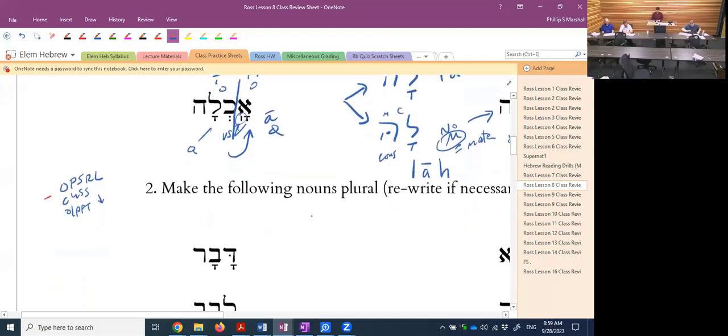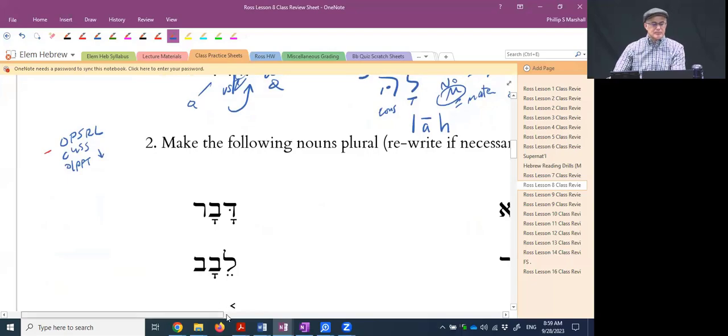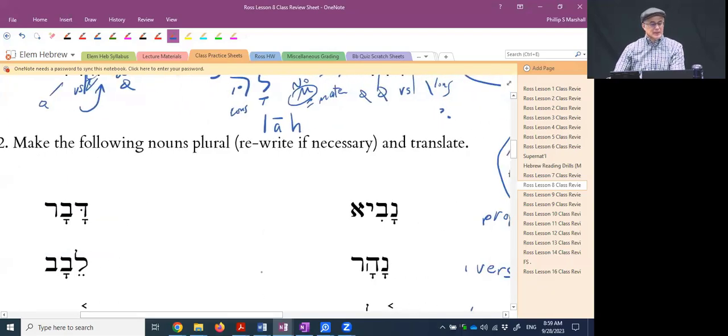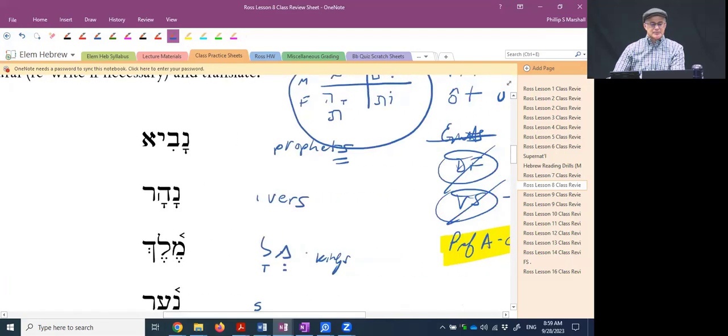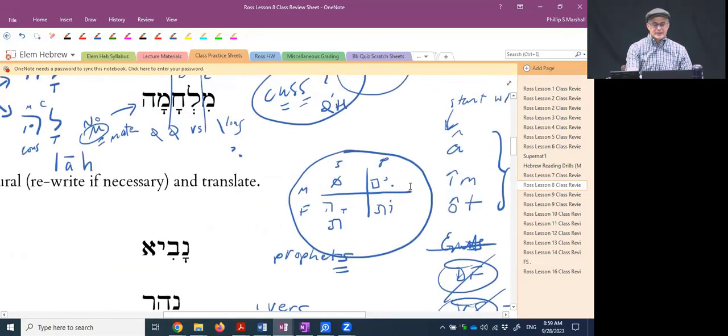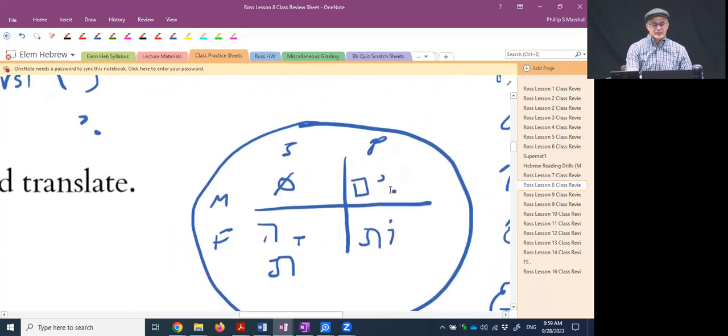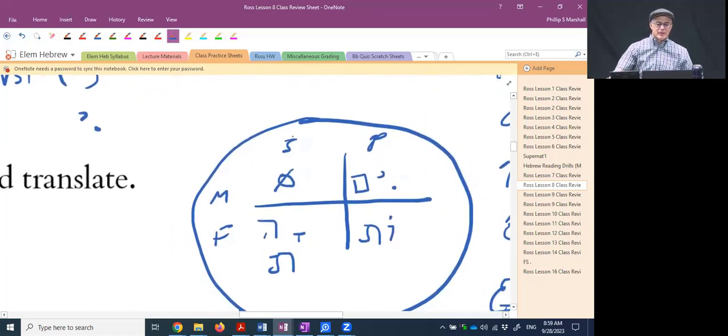All right. Let's take a look at the exercises here on number 2. Now, I'm going to remind us about our endings for masculine and feminine nouns. What are they again? Zero for masculine singular, ah or t for feminine singular, im for masculine plural, and ot for feminine plural.